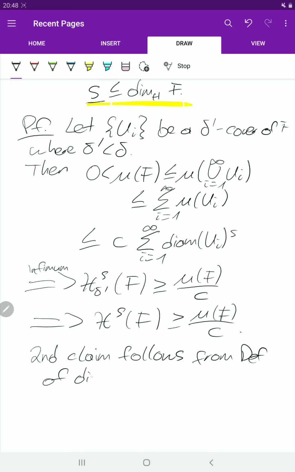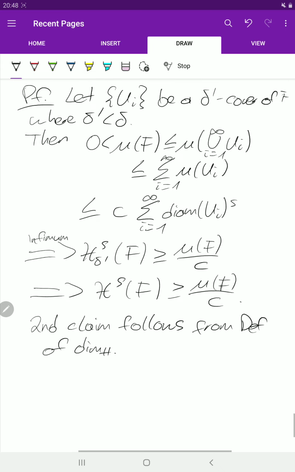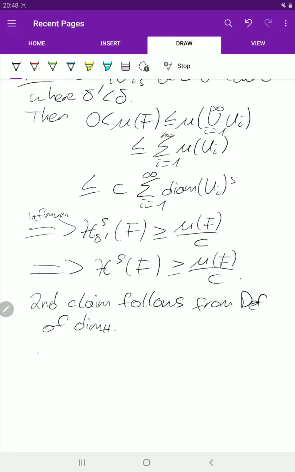Let me just sketch it. Here we have s on this axis, and here we have the Hausdorff measure H^s of F, and here we have infinity. Then there might be one finite non-zero point, and afterwards we have 0.